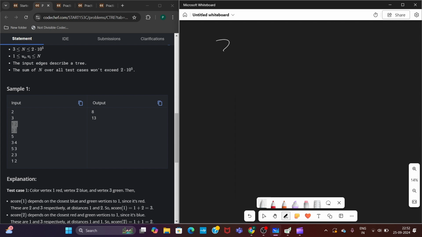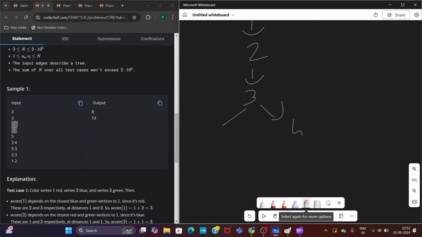So basically we have been given 3 to 4, 5 to 3, 2 to 3, and 1 to 2. How will the tree be created over here? First of all, start from the lowest one, 1 to 2, then 2 to 3, then 3 to 4, and 5 to 3.